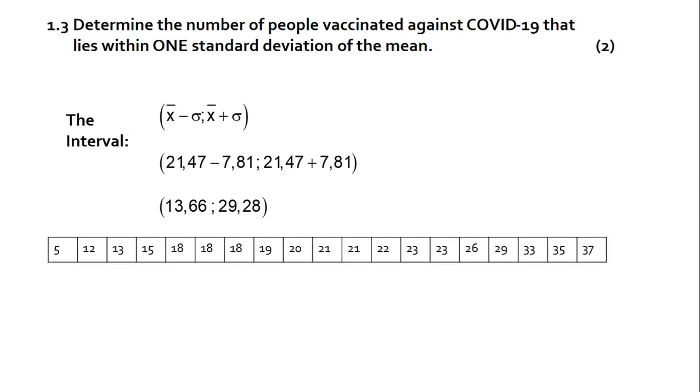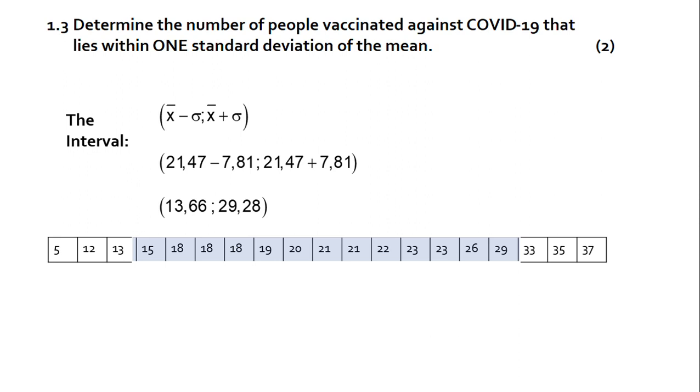Now, this is our data set that we were given in ascending order, and it is very important that you have your data set in ascending order in order to answer this question correctly. Now, I've highlighted with the light blue shade all the numbers that fall within this interval that we've just found.